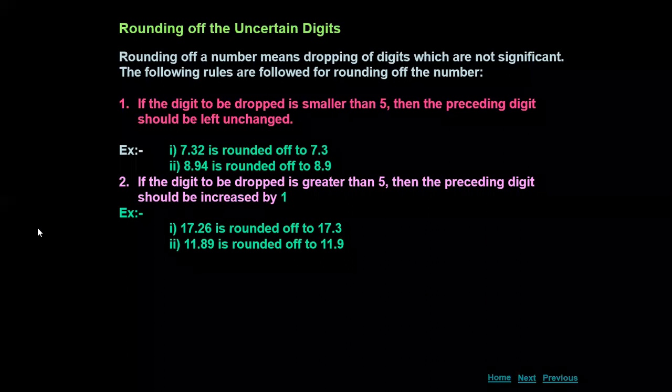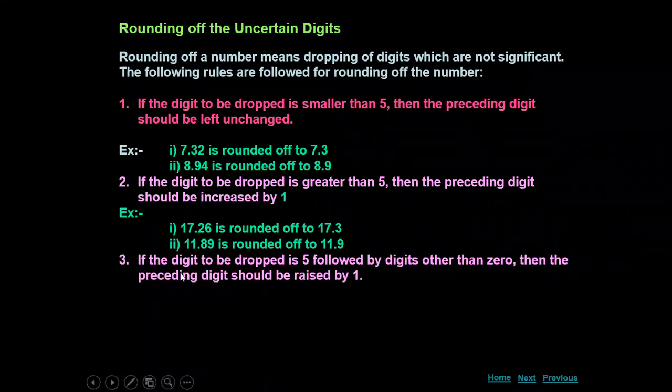That is about the digit to be dropped being greater than 5. Less than 5 we have seen and greater than 5 we have seen. Right. Next one: if the digit to be dropped is 5 only.